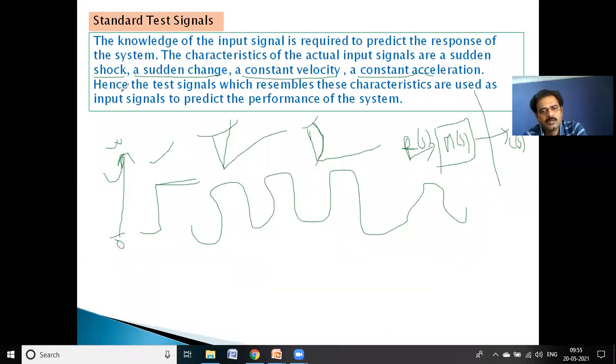Hence the test signals resemble the characteristics of practical input signals and are used to predict the performance and output of the system. For a standard system M(s), if we can find the response for these signals, the practical output can be calculated for any practical input.